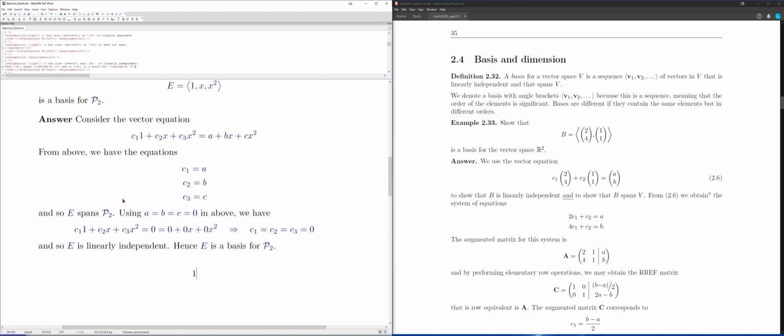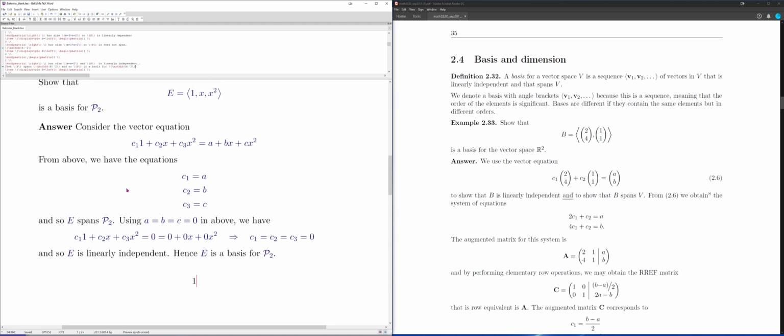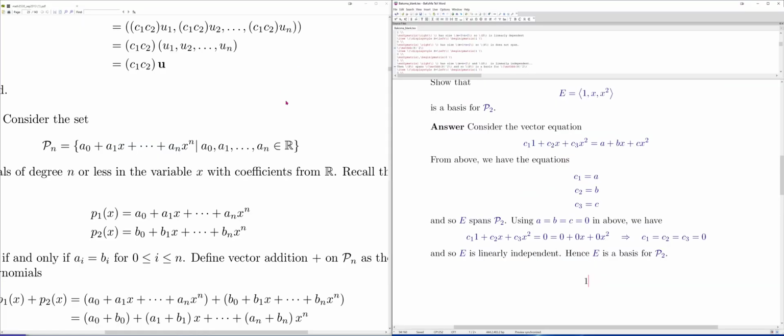Okay, and next you want to check for linear independence. How do you check for linear independence? Again, you use the definition of linear independence.